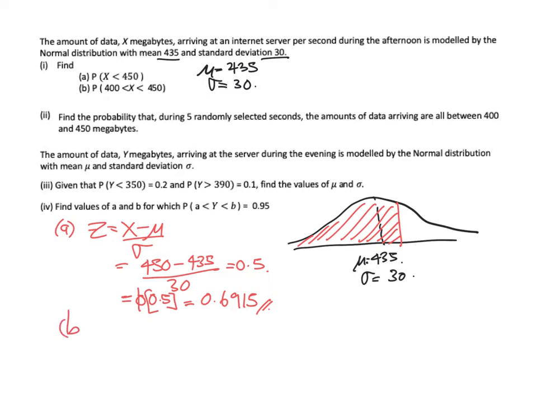Next, part B. Okay, part A is done, quite straightforward. For part B, we have between 400 to 450.